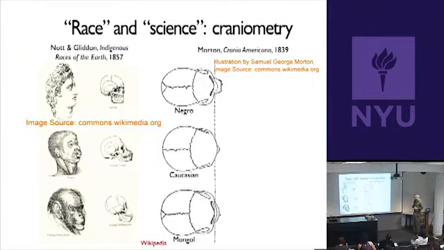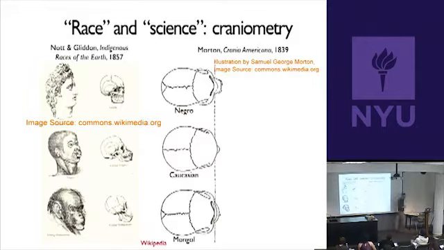So here's how Morton depicted differences between races. Again, this is focusing on the shape of the skull. And here's the Caucasian in the middle, right? And what's being emphasized is the relative roundness or oblongness, the protrusion of the jaw, and so on.